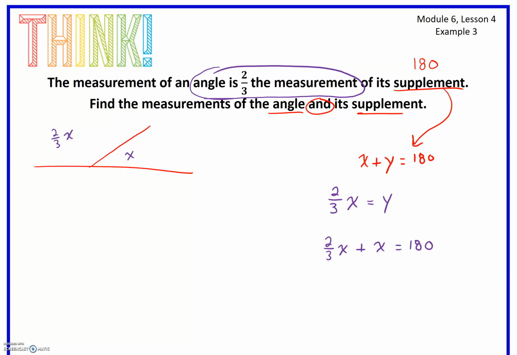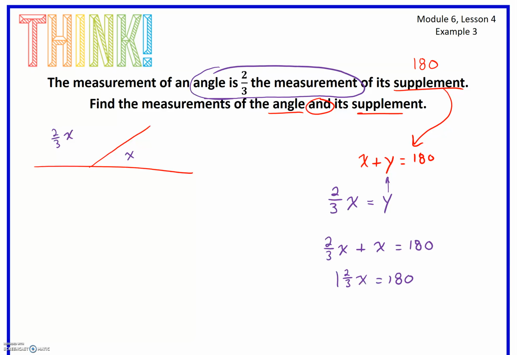And since, for substitution purposes, y is y and 2/3 x equals y, we can plug that in for the y. So we have angle 1 plus angle 2 equals 180 degrees. We combine those like terms together, so we have 1 and 2/3 x equals 180 degrees.